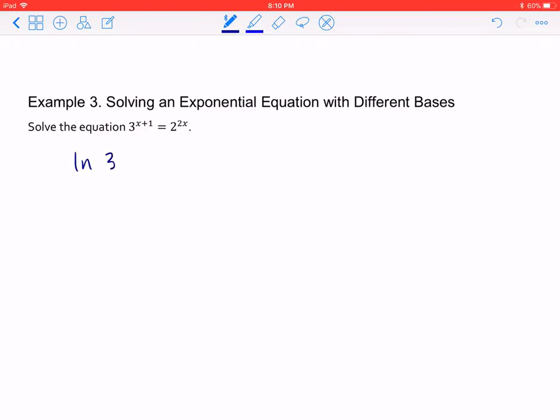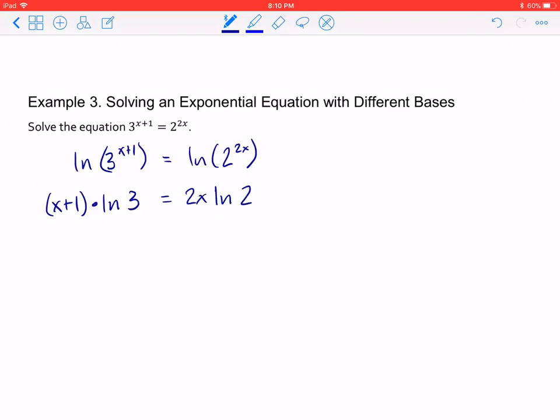So we have ln of 3 to the x plus 1 is equal to ln of 2 to the 2x. And then, using the power rule, the x plus 1 comes down in front, and we have ln of 3 left. And again, this is a power rule, so we have a multiplication. Then we have 2x times ln of 2.